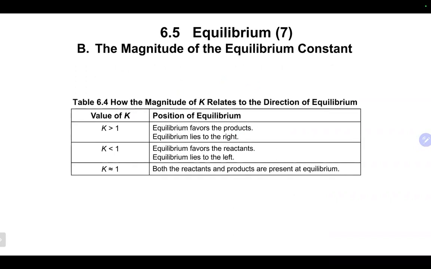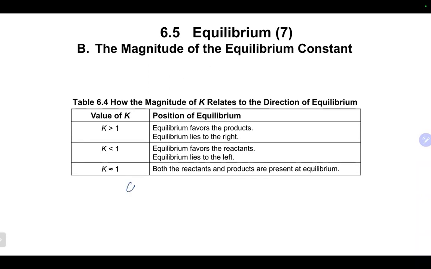All right, so as I mentioned before, a big value favors the product. Equilibrium lies to the right is what is sometimes said. To the right of an equation is the product side. If we have a small value of K, equilibrium lies to the left, which is the reactant side. And again, if we have a value of 1, we're very close to having equal amounts.